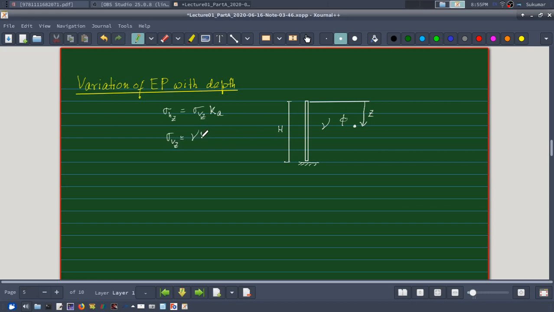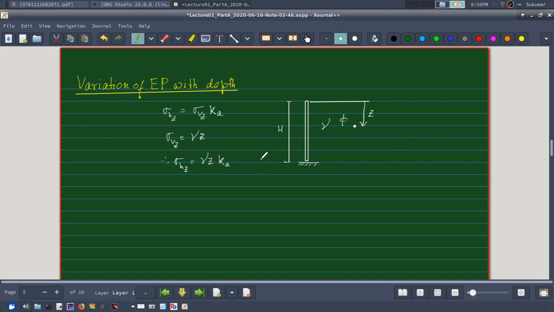Gamma into Z. And therefore my sigma h at that depth Z will be gamma Z times Ka, and therefore it is linearly varying with Z, right?